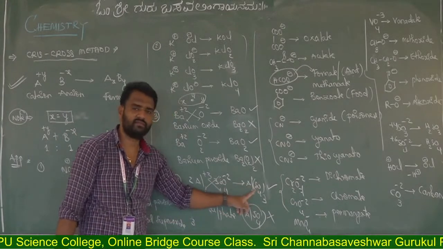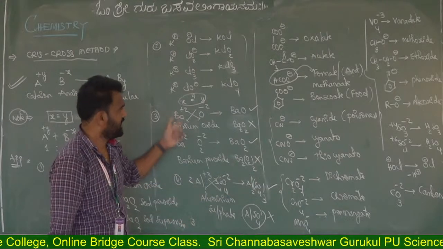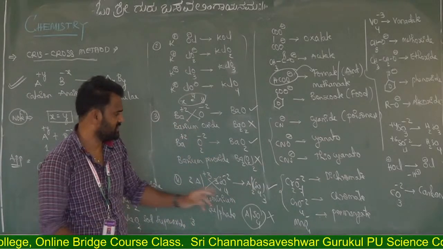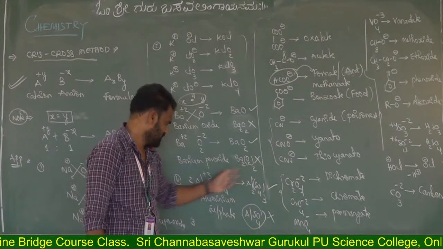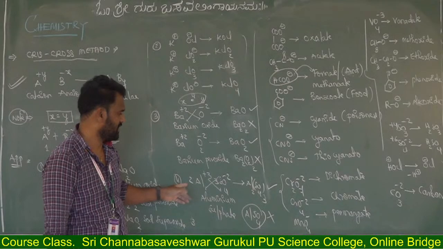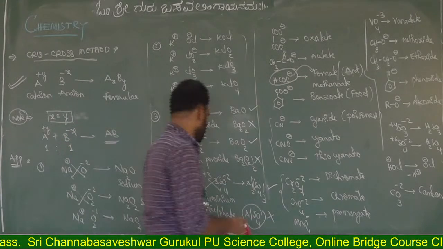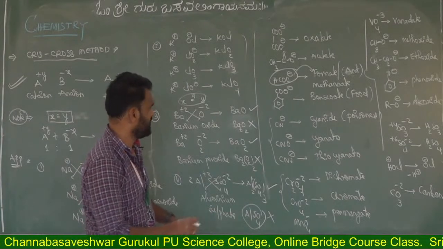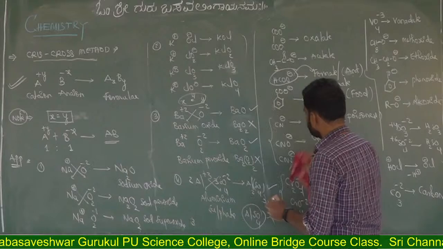In neutralization, when equal negative and positive charges combine, the resultant salt will be in a neutral state, with no charge on the salt. That is the charge neutrality you also have to follow. It is very very important. This is example 4 with aluminium sulfate. You can take many examples with aluminium.